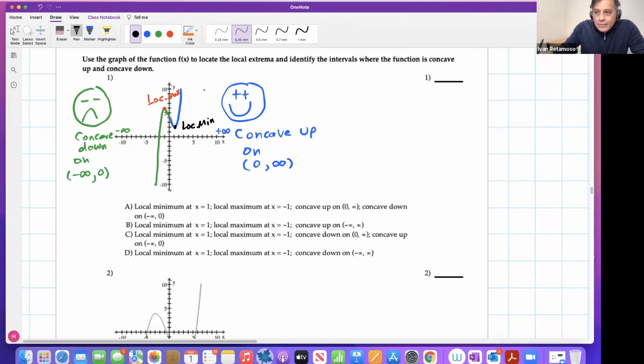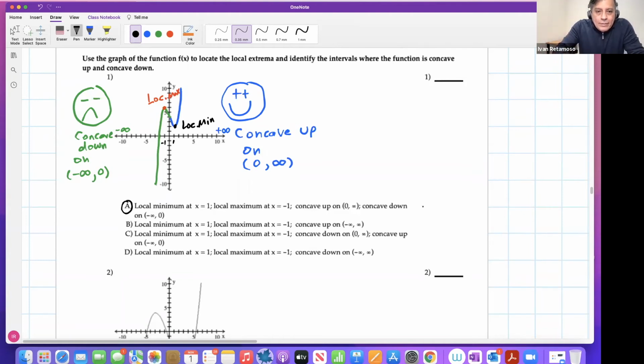So combining all this, the answer should be: local minimum at x equal 1, local maximum at x equal -1, concave up on (0, infinity), and concave down on (-infinity, 0). You follow, guys? Yeah, that's that.